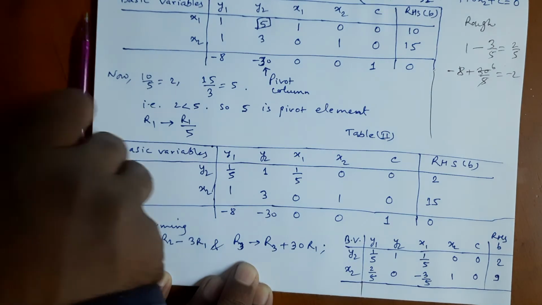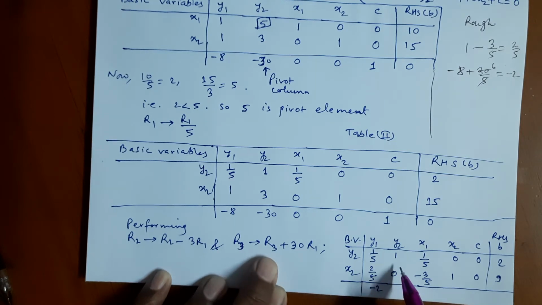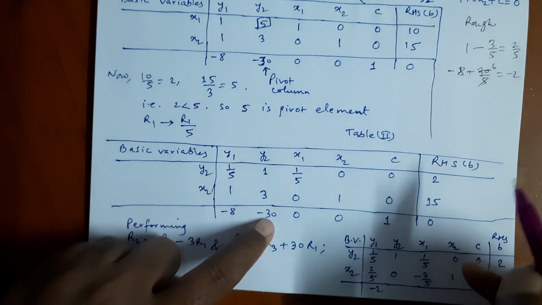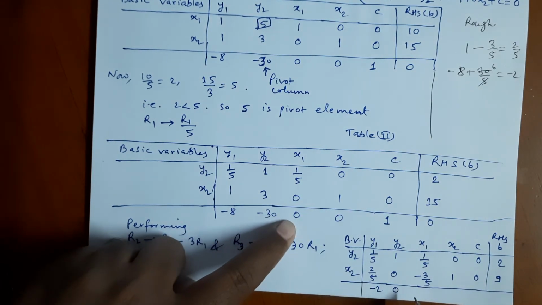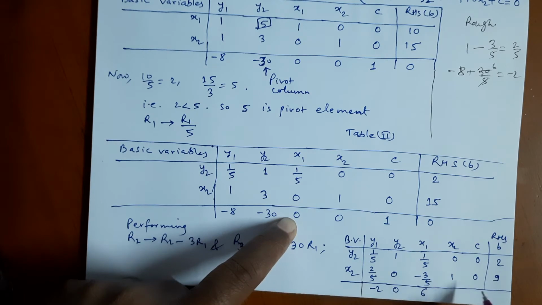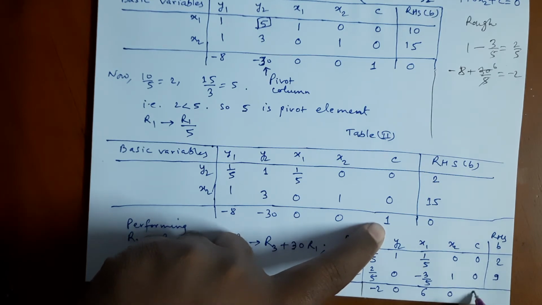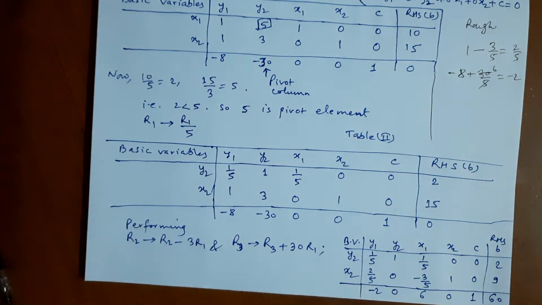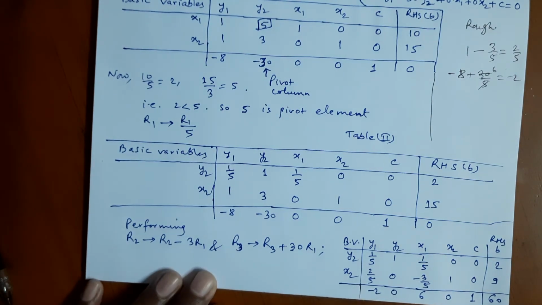So here will be minus 2, and 0 plus 30, here minus 30 plus 30 times 1, that will be 0, and 0 plus 30 times 1 over 5, that will be 6, and 0 plus 30 times 0, that will be 0 itself. 1 plus 30 times 0, that will also be 1, and 0 plus 30 times 2, that will be 60.